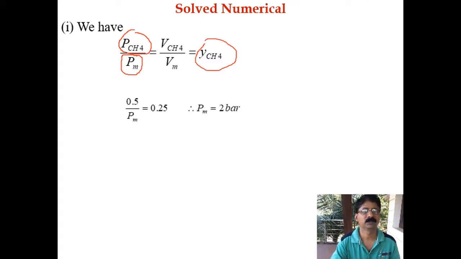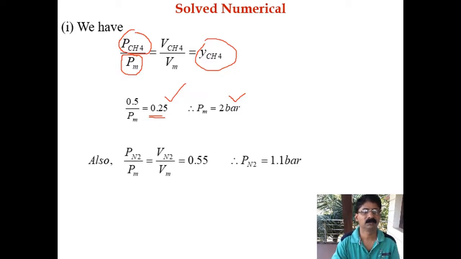The partial pressure of methane is given as 0.5 bar, and the mole fraction or volume fraction is 0.25. From this you can get the mixture pressure as 2 bar. In this problem the mixture pressure is not given, but for one of the constituent gases, methane, the partial pressure is given. The ratio of partial pressure to mixture pressure is the mole fraction, which is also equal to the volume fraction. Using that you find the pressure of the mixture.